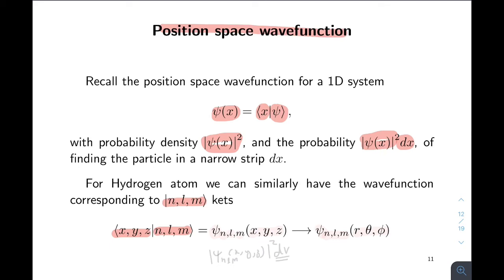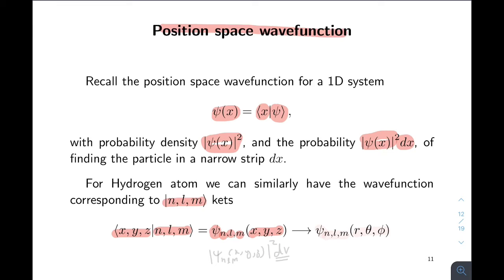In this way, you have a set of all these xyz vectors, and you take the scalar product with this NLM basis, and you get a number for each xyz coordinate in your 3-dimensional space. In this manner, you get a wave function in 3 dimensions. We call it the 3-dimensional wave function psi of xyz, and we put the labels NLM to remind ourselves that this wave function corresponds to the quantum numbers NLM.